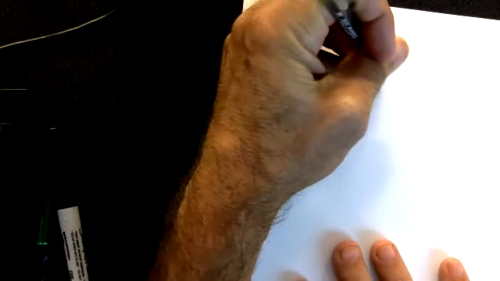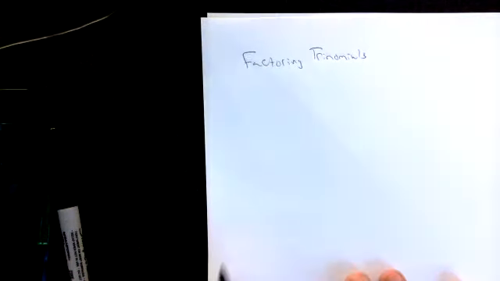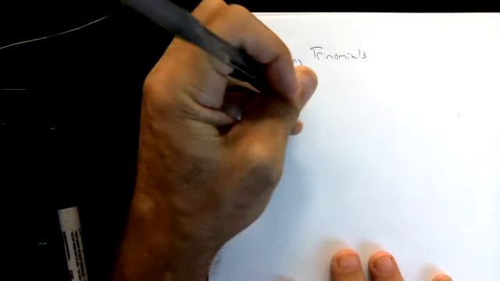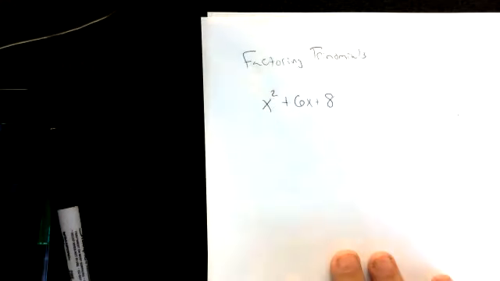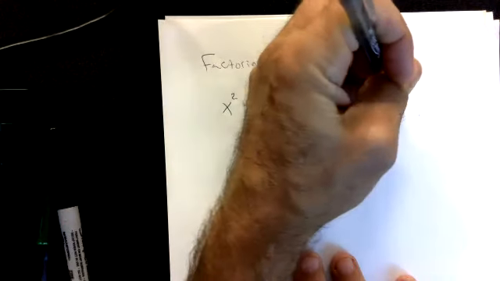All right, so 5.6, factoring trinomials. And really, these break into 2 main categories. Sorry that I lost focus there for a second. For example, x squared plus 6x plus 8, or they may give us something like 3x squared plus 10x plus 7.